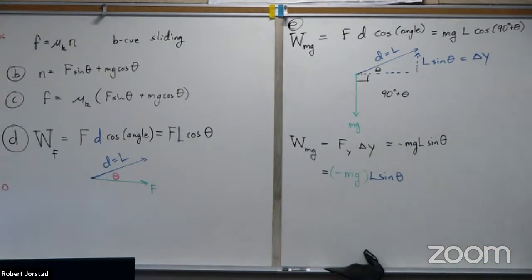You agree the angle is now 180? Sometimes theta doesn't even come into play, and this is one of those cases. So it's equal to friction times L times cosine of 180 degrees. What's cosine of 180? Negative 1.